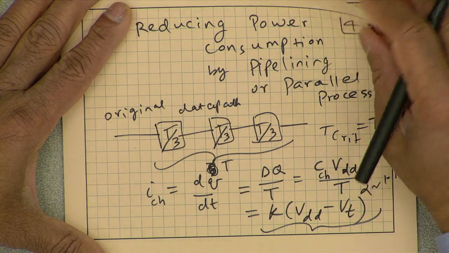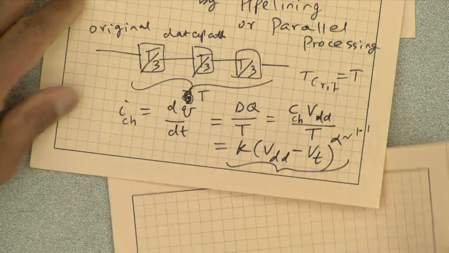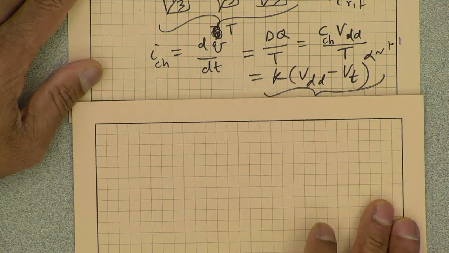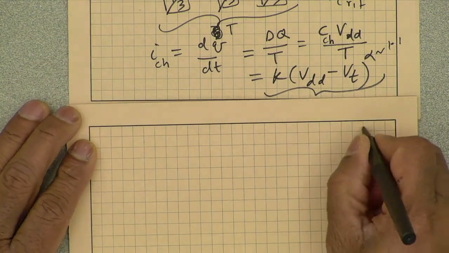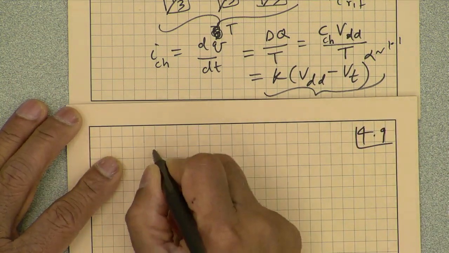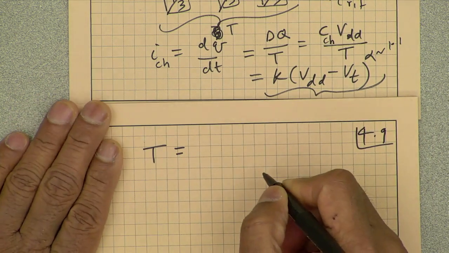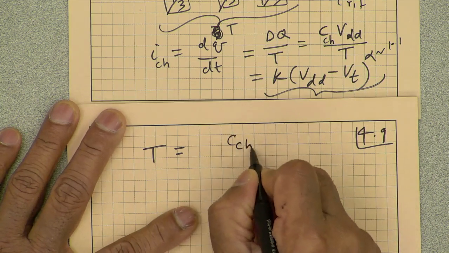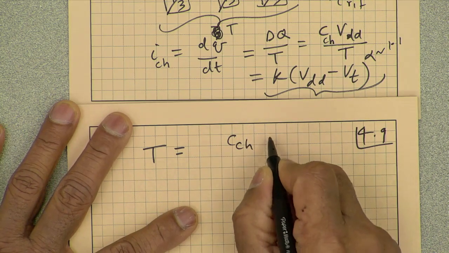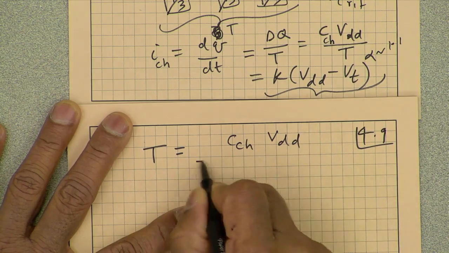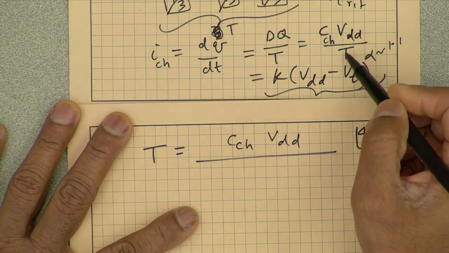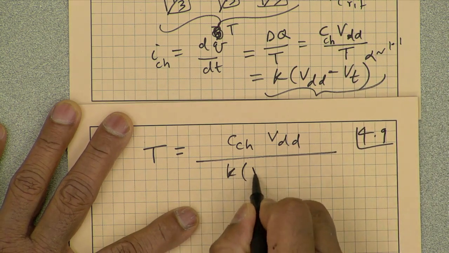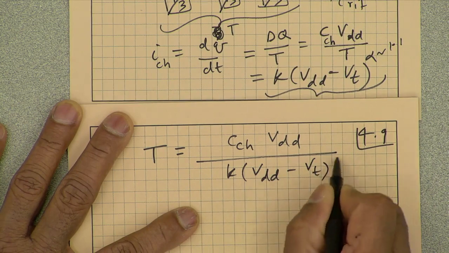So the propagation delay t is equal to the charging capacitance times VDD, divided by, bring t to this side, take this to the left side, constant k times (VDD minus Vt) to the power alpha.